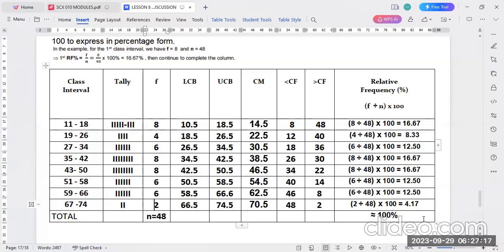And then add all the relative frequencies: 16.67, 8.33, plus 12.50, plus 16.67, plus 16.67, plus 12.50, plus 12.50, plus 4.17, and that's actually equal to 100.01.